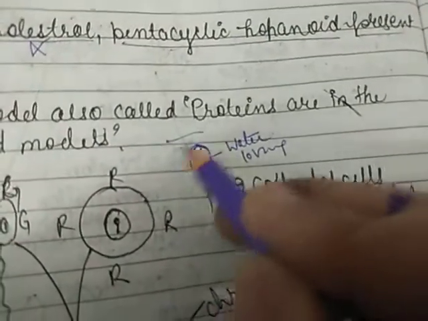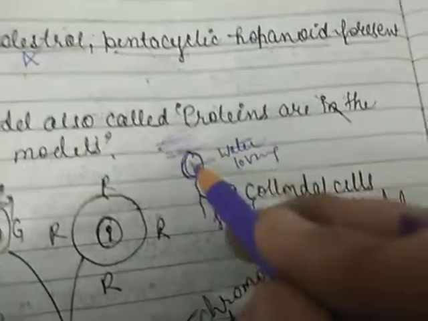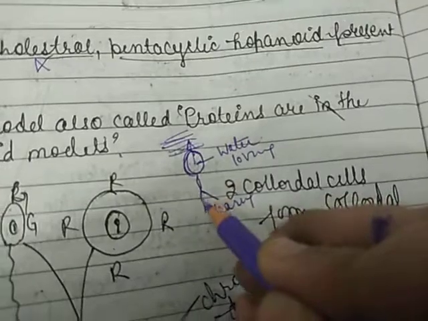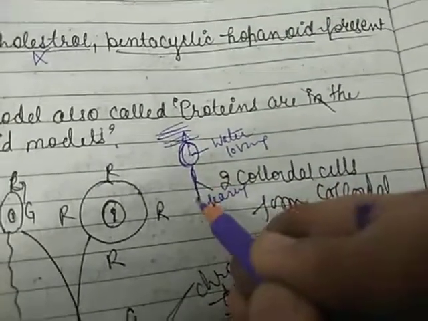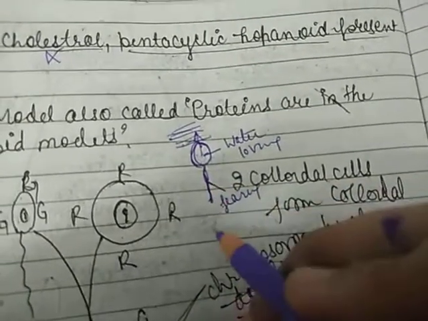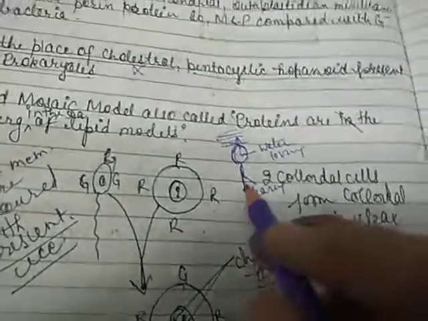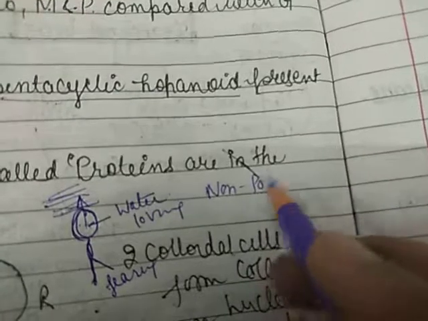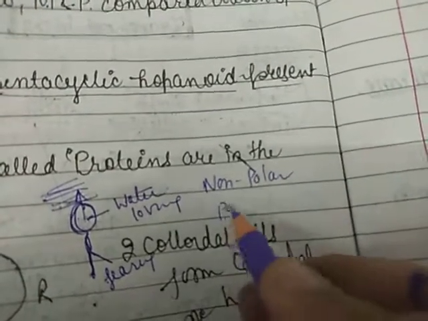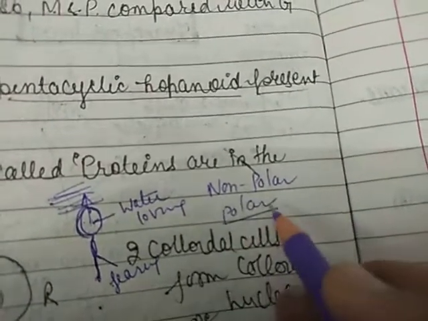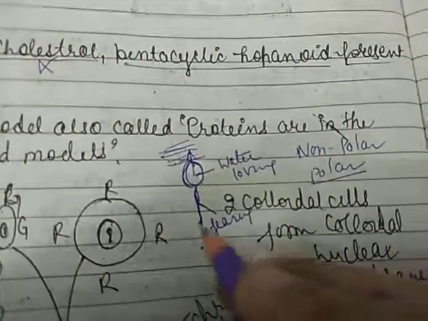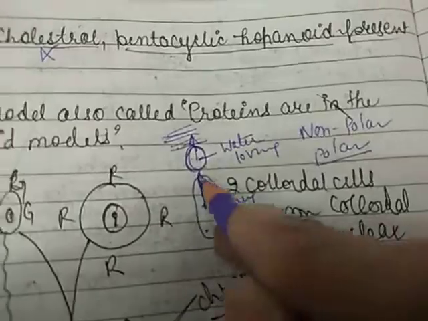Here water content is there, so the hydrophilic part always points towards it, and the water-fearing part always points away from it, because we know about the non-polar part and the polar end. The polar end would dissolve in water, while the non-polar one would protrude towards the integral proteins.